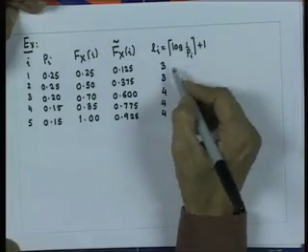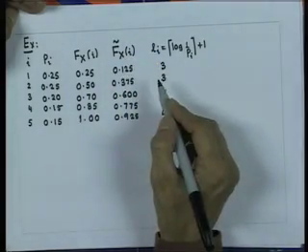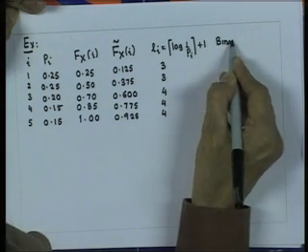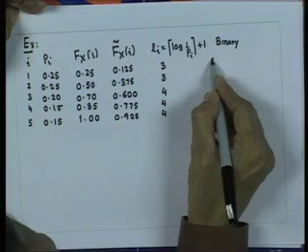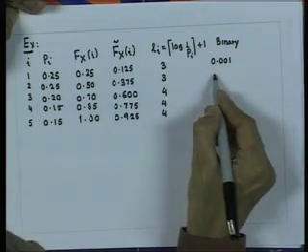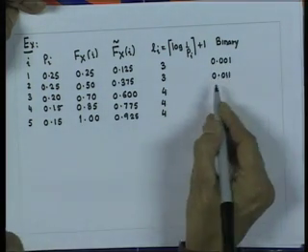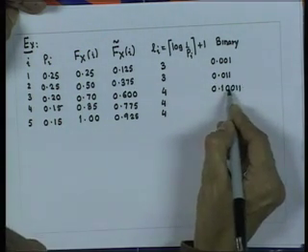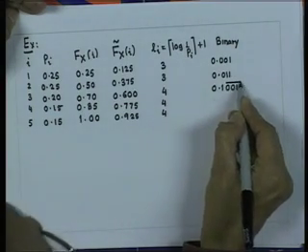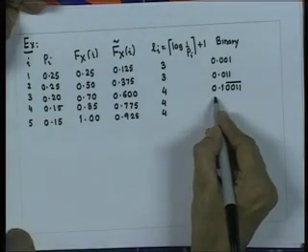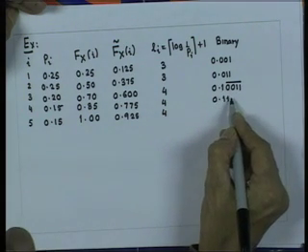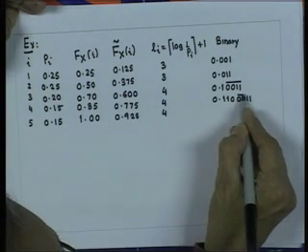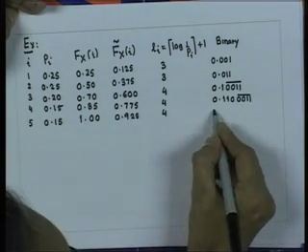So, the binary representation of this will be given as 0.001, 0.011, 0.1, 0.0011, where 0011 keeps on recurring, so we put a bar out here. For this case we find again this is recurring, so we put a bar.